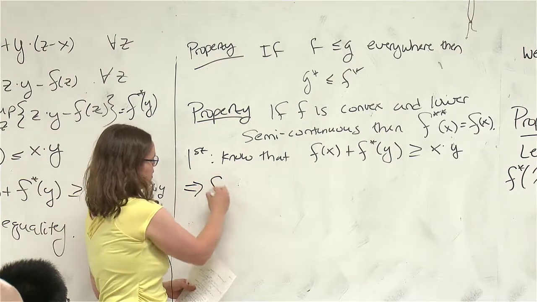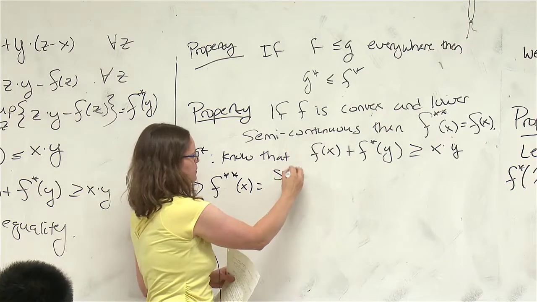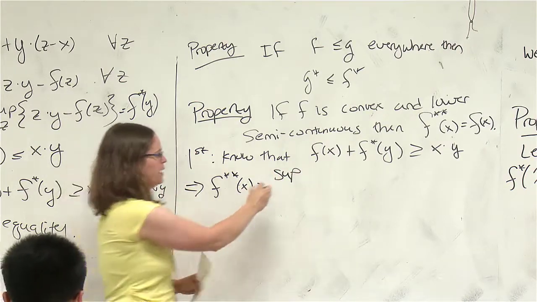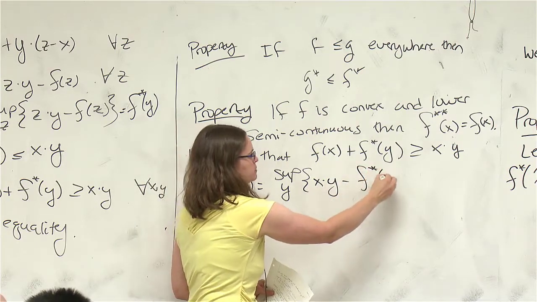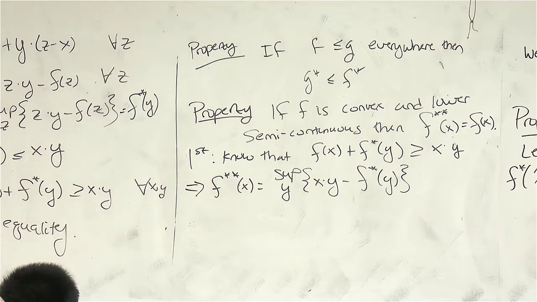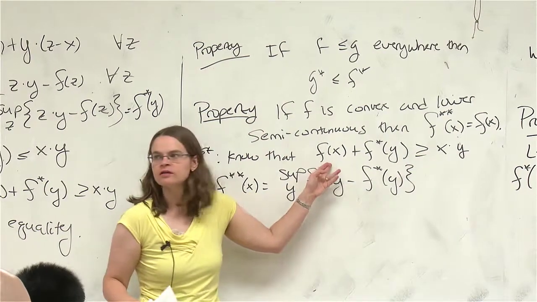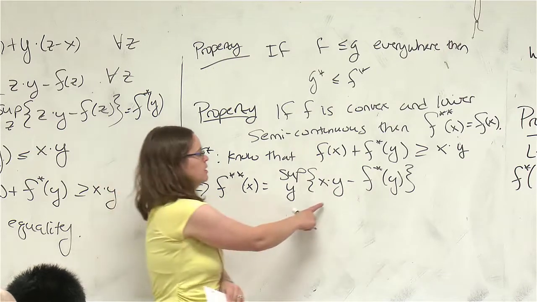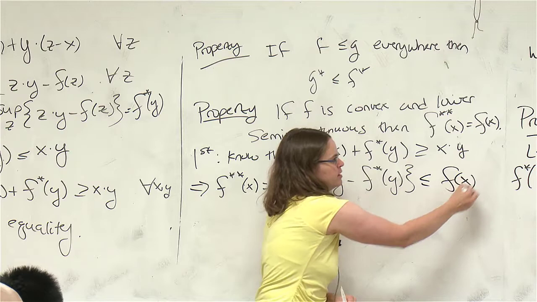That means if we look at the biconjugate, this is the supremum over all y of x dot y minus f star y. Now x dot y minus f star y is less than or equal to f of x, no matter what value of y you put in, so this is automatically less than or equal to f of x always.